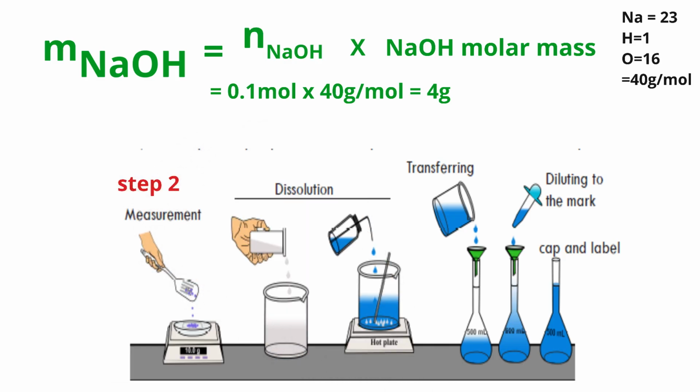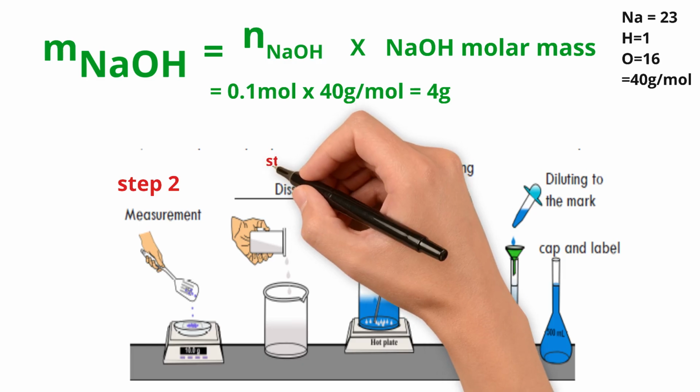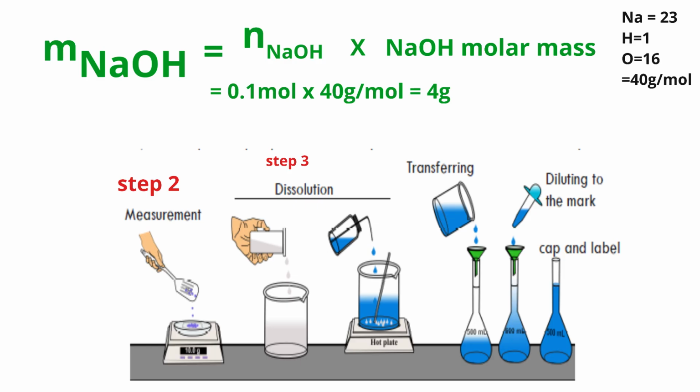Now let us weigh 4 gram of sodium hydroxide, and in step 2, the measured amount of sodium hydroxide is transferred into a big beaker. In step 3, let us add a small amount of water and dissolve it to form a solution.